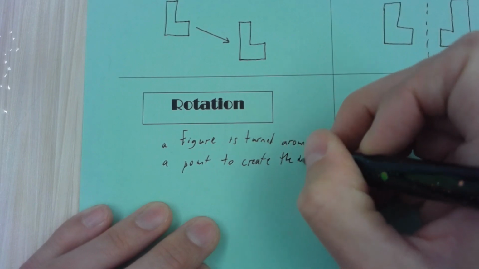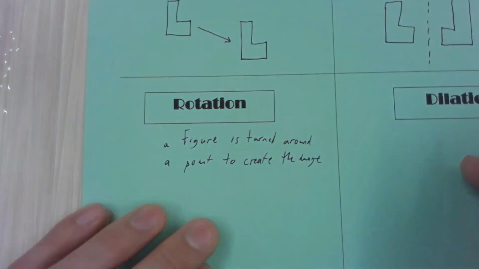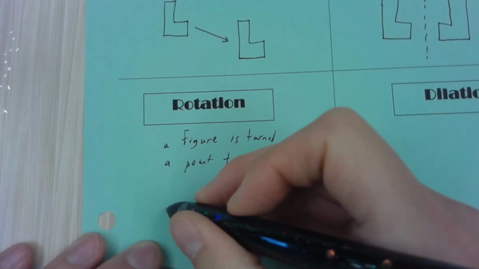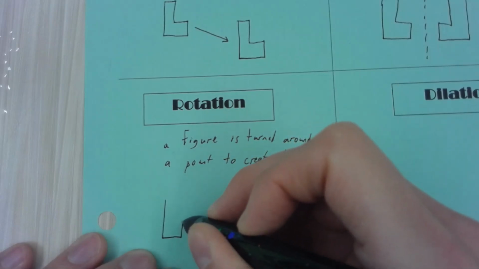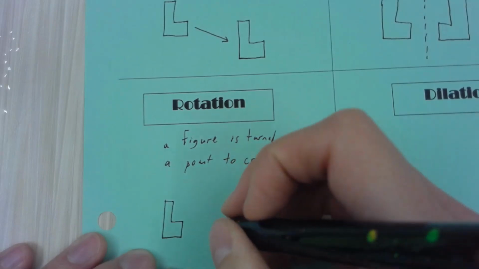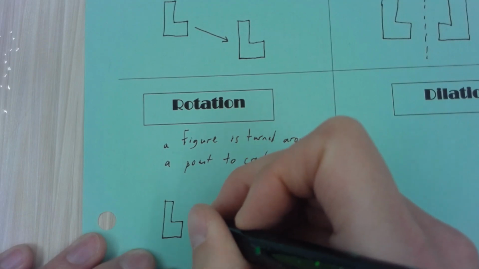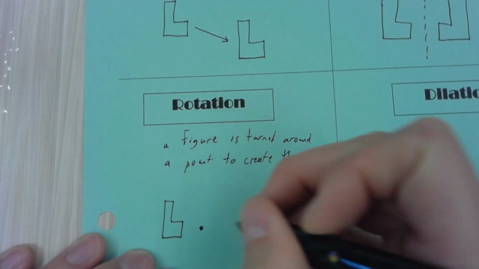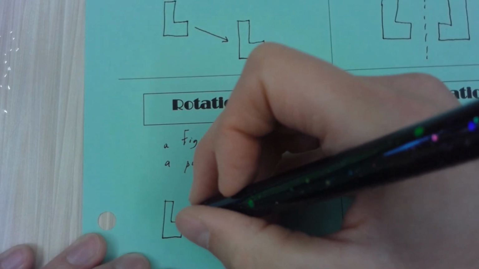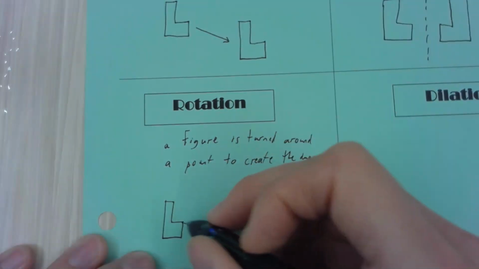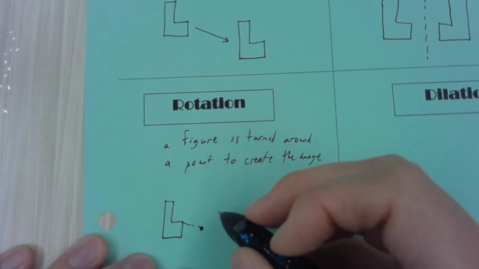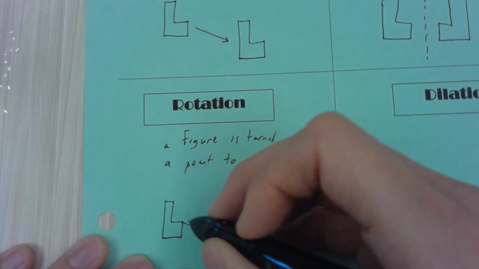So for instance, using that same L shape from the other examples, if I'm going to turn that around, say, this point here, to create this image, we're going to think of it like a bicycle wheel.